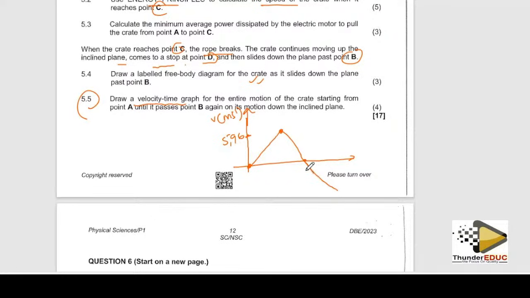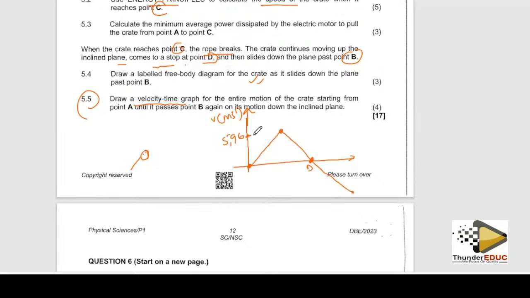Remember, these must be straight lines, but this doesn't look like it, so I'm just going to draw a straight line. This is the point D, where the velocity is 0. After it snapped, it continued a little bit till the final velocity was 0, and then it came down.